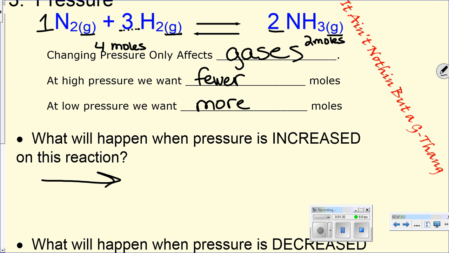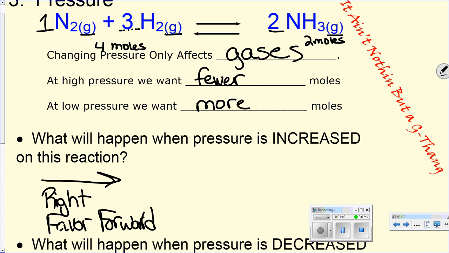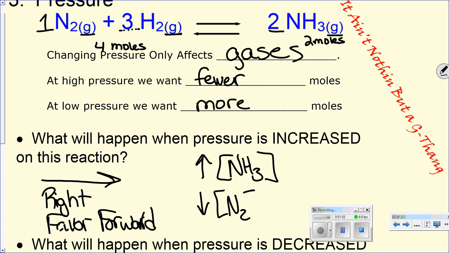So we can call this shifting to the right, or also favoring the forward reaction. As this occurs, we're favoring the production of NH3. So that will increase in concentration, and we are going to decrease our concentrations of N2 and H2.